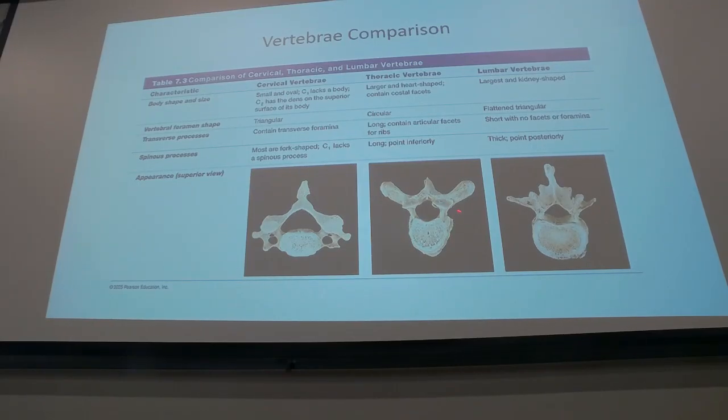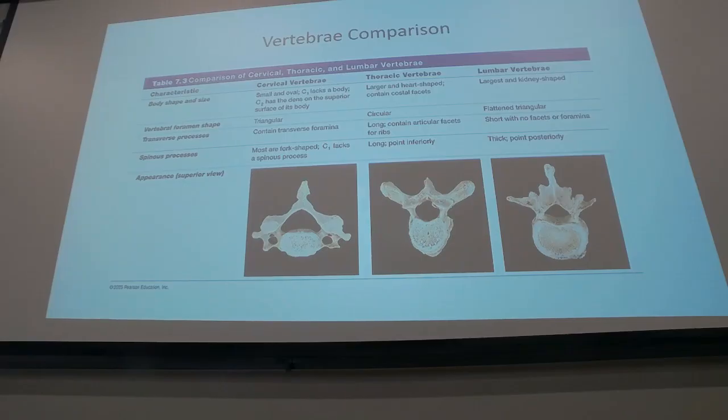Now, the thoracic vertebrae has a medium-sized body that is typically round, and the vertebral foramen, which is this, is round as well. The transverse processes don't have a transverse foramina; however, they have a little facet that articulates with the tubercle of the rib, and this facet is here.